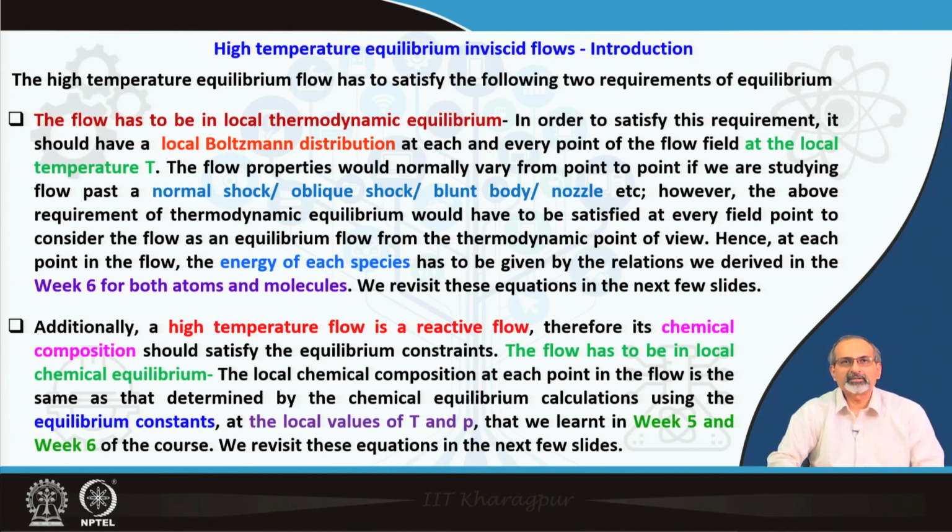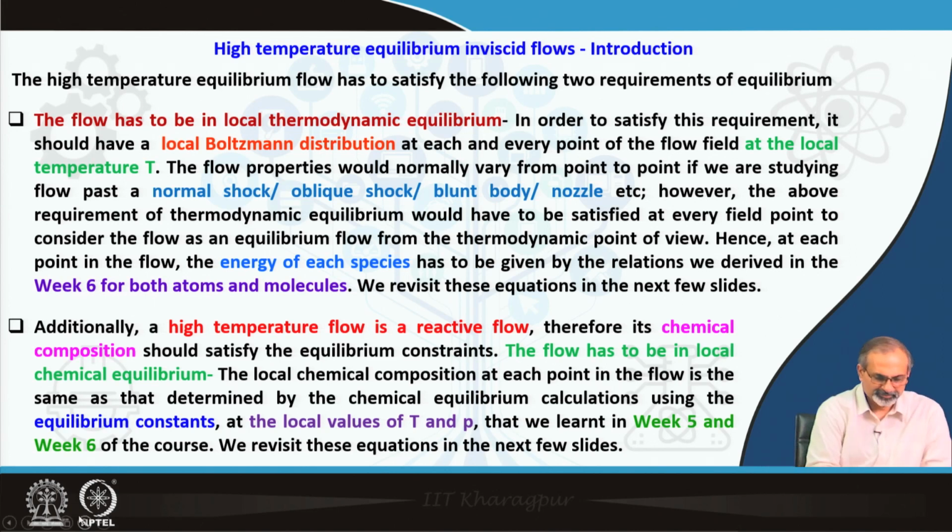If you recall flow past a normal shock or oblique shock or a blunt body flow or nozzle flow, because of the variation of the geometries or nature of the waves, the flow properties can change from one point to the other or from one region to the other. But all the way through, the above requirement of thermodynamic equilibrium would have to be satisfied when we deal with such problems. So, that is the point that is made over here. So, it has to be satisfied at every field point.